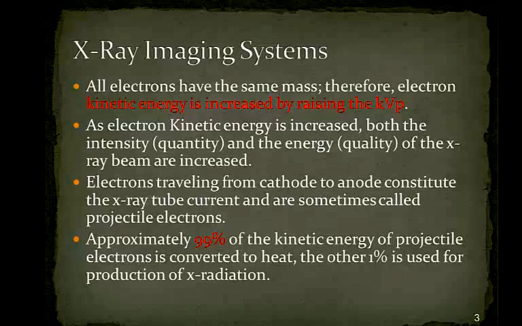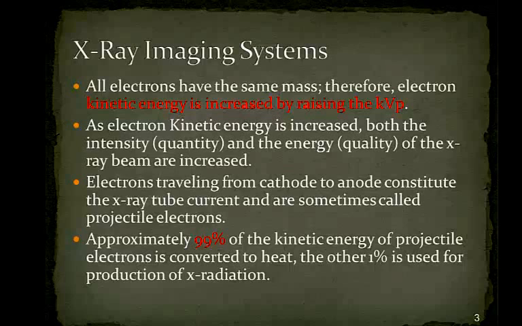Electrons traveling from the cathode to the anode are going to be making the portion of the X-ray tube current that we are going to be calling the projectile electrons. So again, cathode to anode, instead of just calling them electrons, we're going to call them projectile electrons because they're moving. And then approximately 99% of the kinetic energy of those electrons is converted to heat.